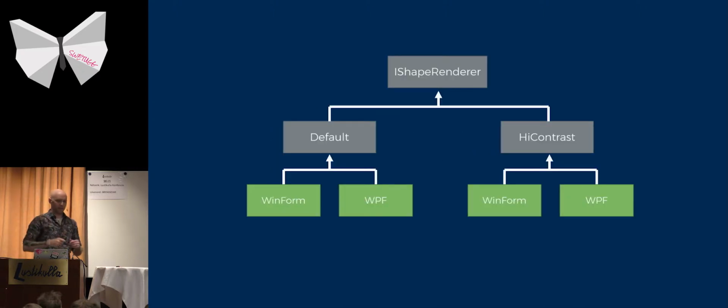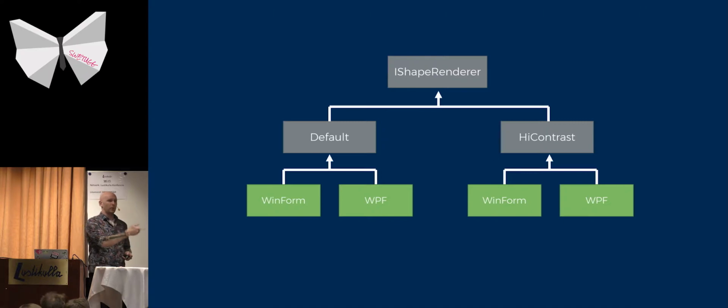Okay. Imagine this. You are building an IShape renderer that needs to render shapes. And rendering shapes, I want to be able to do that in two ways. I want to render it either in default mode or as high contrast, because people with poor visibility need high contrast rendering instead. But I also want to make sure that I can render it not only on WinForm, for some reason, but in WPF as well.